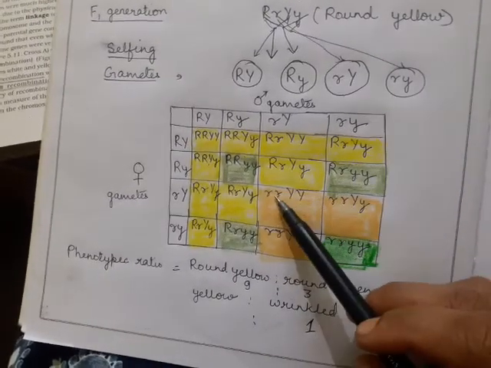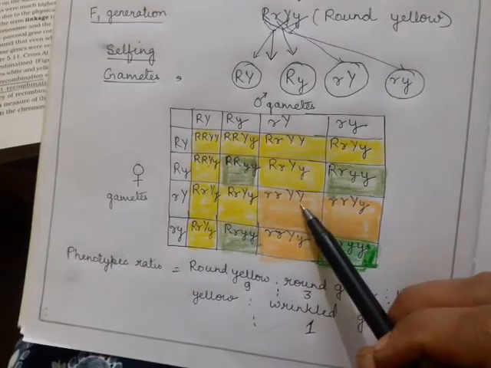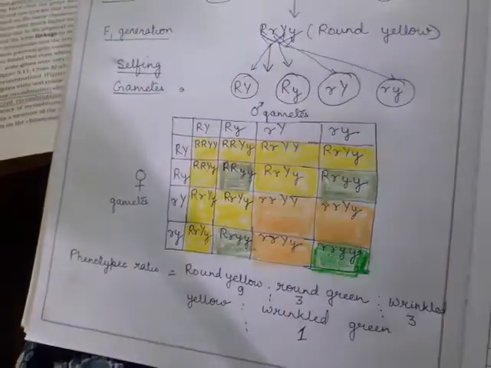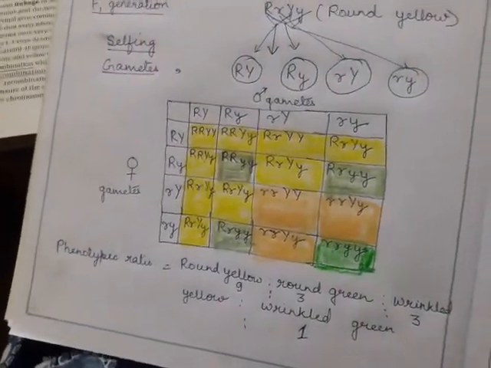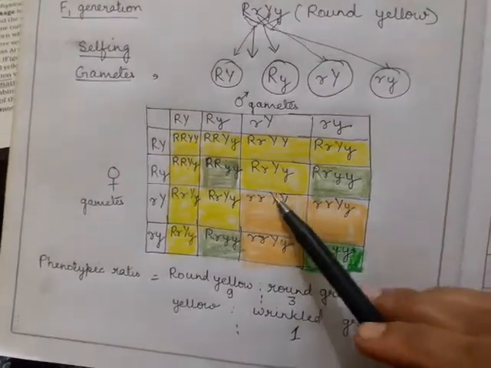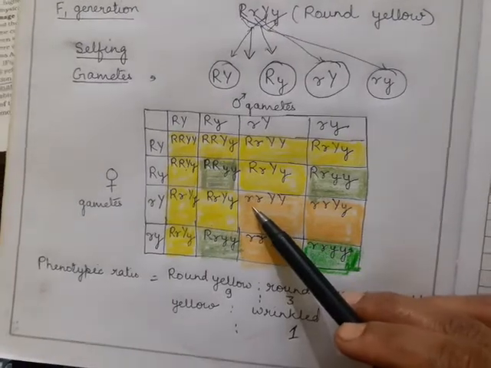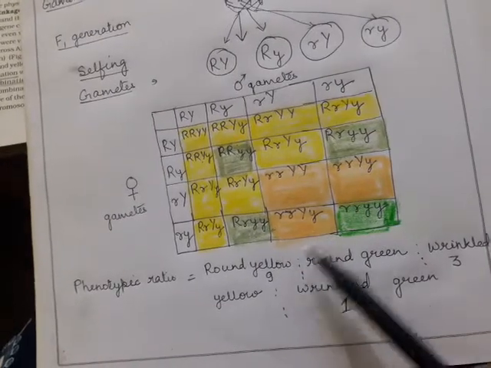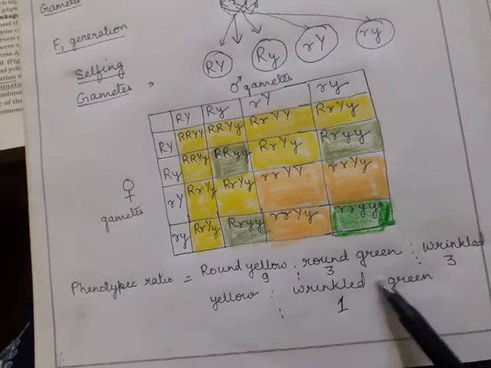Here small r is there, so they are wrinkled, but yellow in color. Their seed is wrinkled in shape and yellow in color. In this way the phenotypes come: round yellow, round green, wrinkled yellow and wrinkled green.